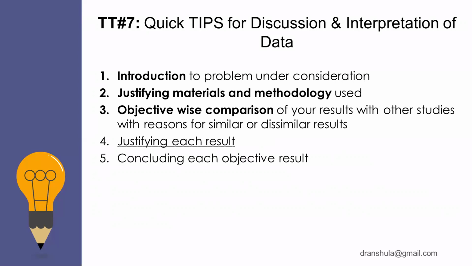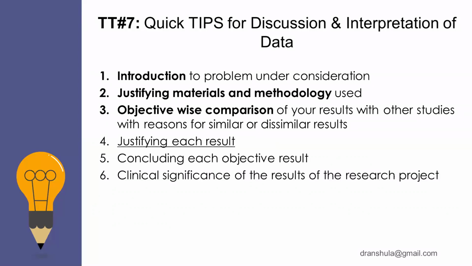Concluding each objective result, you should give your conclusive remark based on your statistical test. So in short, you should mention the clinical significance of the objective which you have searched in your study.